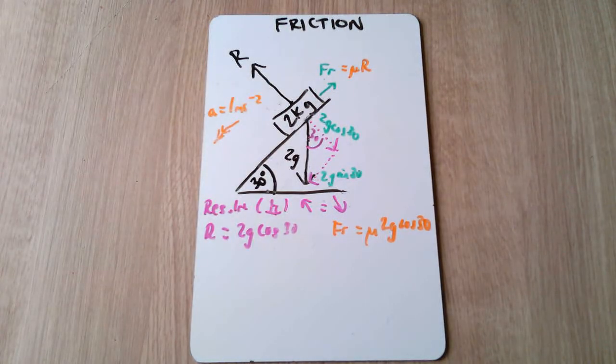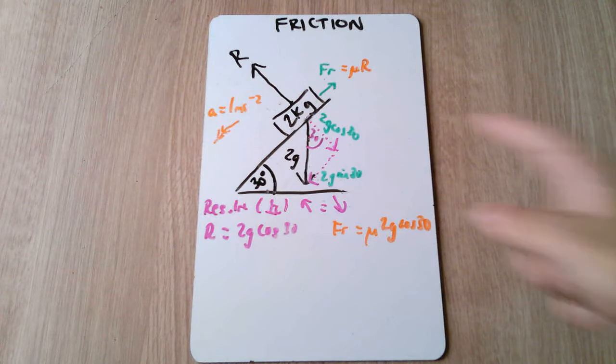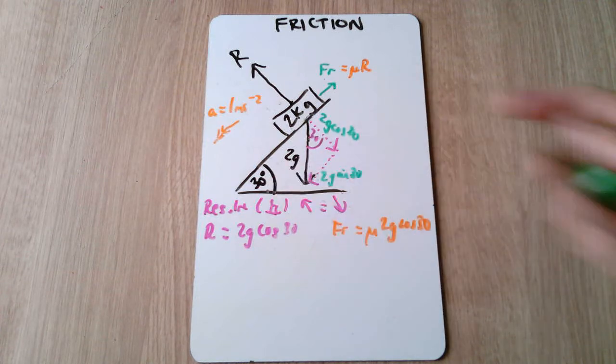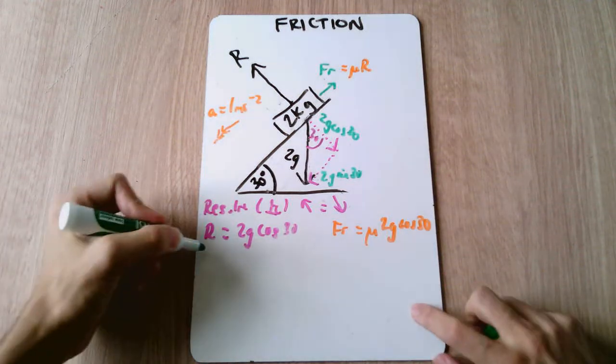And that is important because when we now want to work out the value of friction, we need to look at the forces acting in this direction, and we can do that using F equals ma.